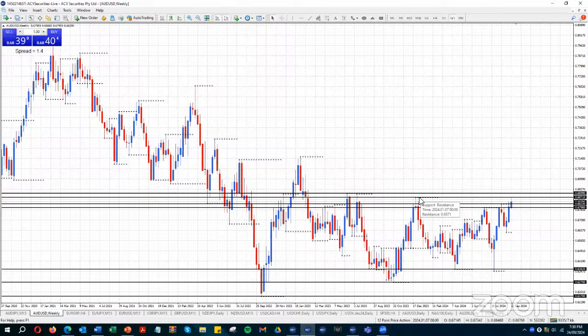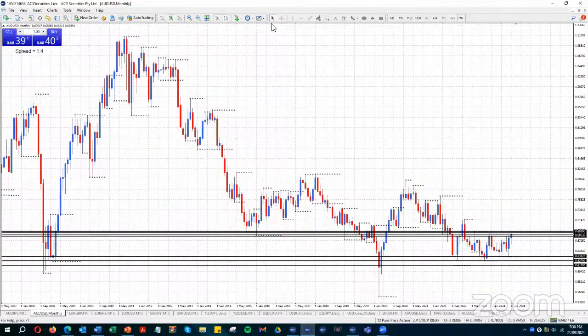Almost came up to the top of the monthly range. So let's just go back to the monthly. Whilst we have been moving higher, we're still very much been in this area for a long time. So which way is it going to go?